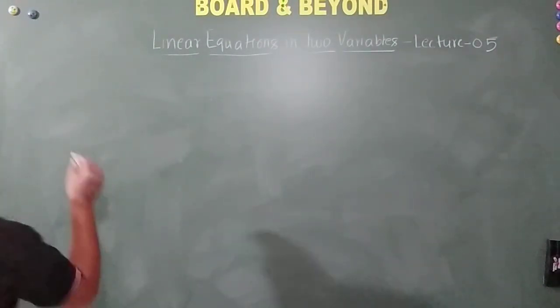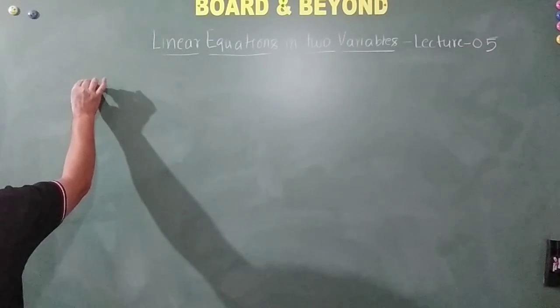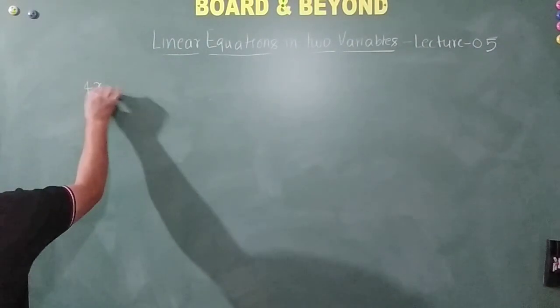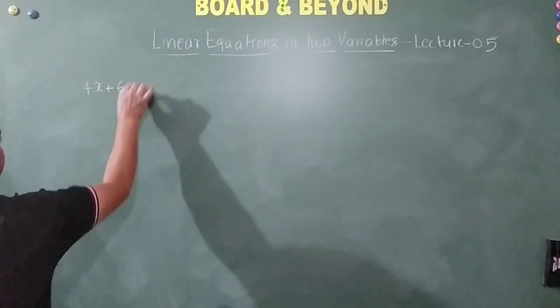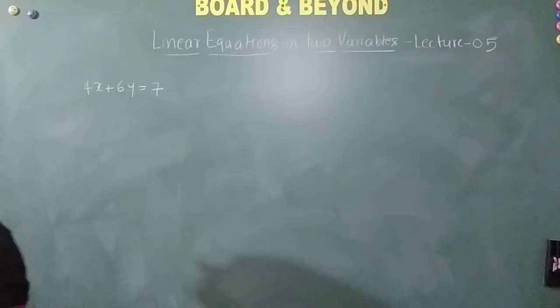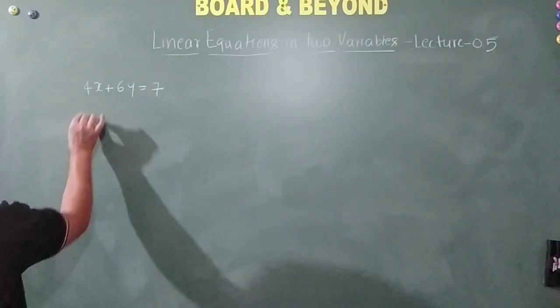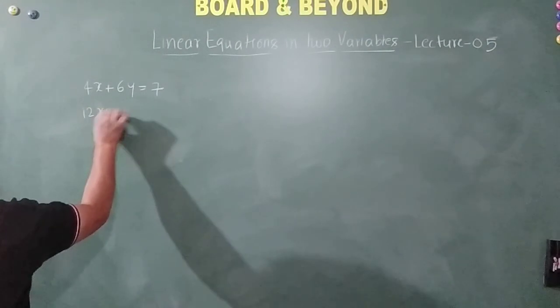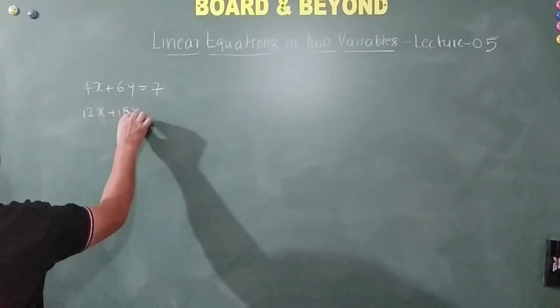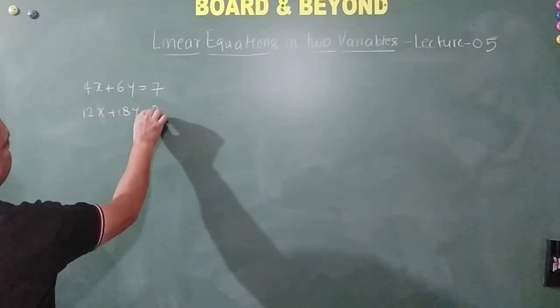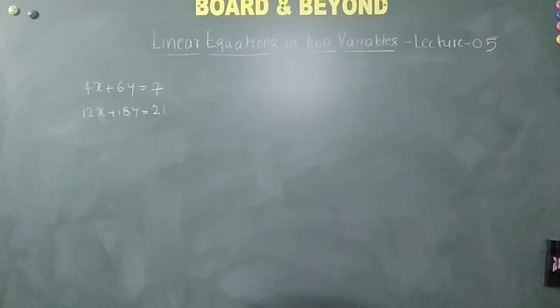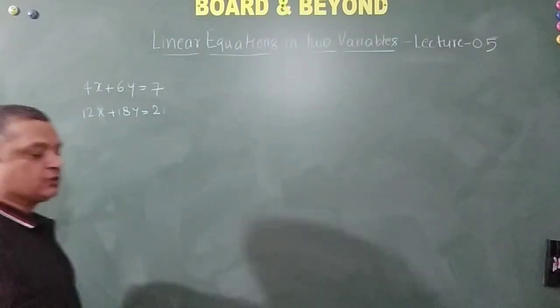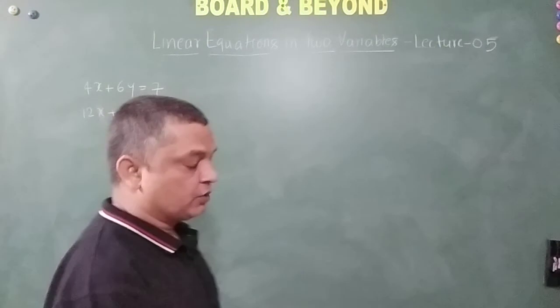So that the system of equations 4x plus 6y is equal to 7 and 12x plus 18y is equal to 21 has got infinite solutions, right friends? So how do we do that?